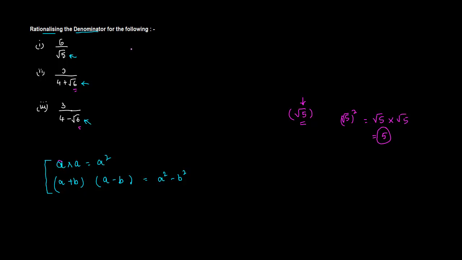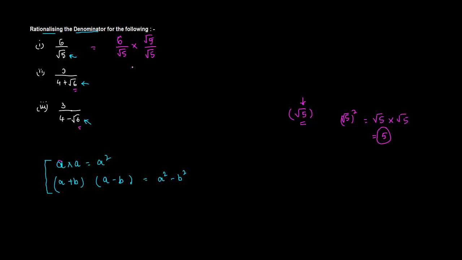Now let's say you have this fraction 6 upon under root 5. We know that if we multiply both the numerator and the denominator by the same number, the value of the fraction does not change. So let's say we multiply this by root 5 upon root 5. Why do we do this?